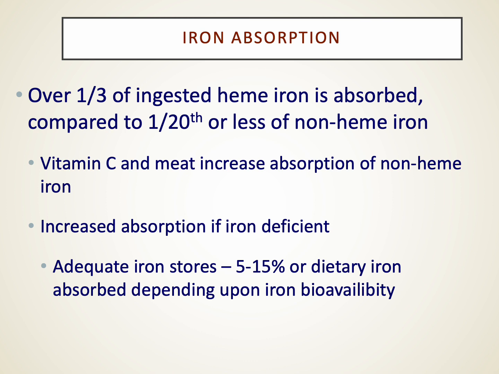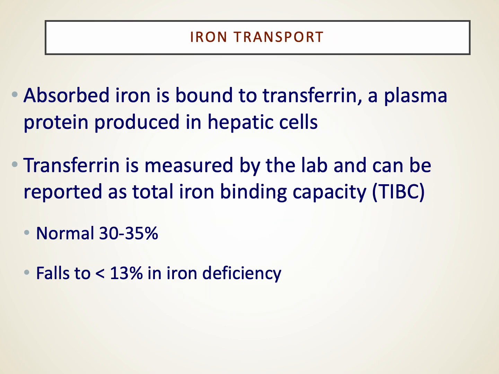And so sometimes we look at vitamin C supplementation in folks on iron, although the data for that is moderate, not superb. We also look at iron transport, particularly transferrin, which can be reported as a total iron binding capacity.